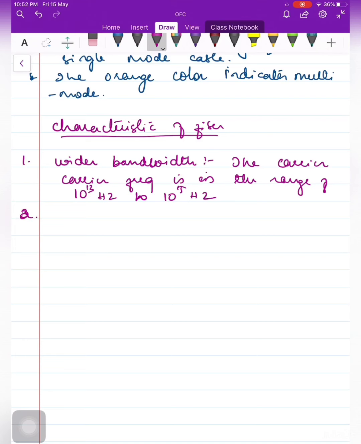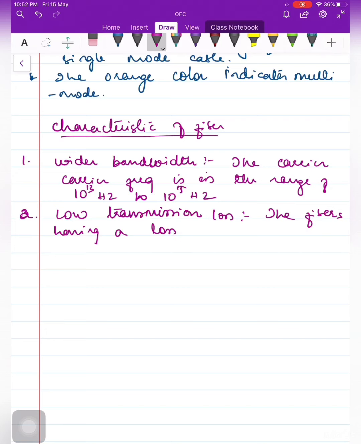Now, low transmission loss. Usually the fibers have a transmission loss of 0.002 decibel per kilometer. So you see, it's very low.